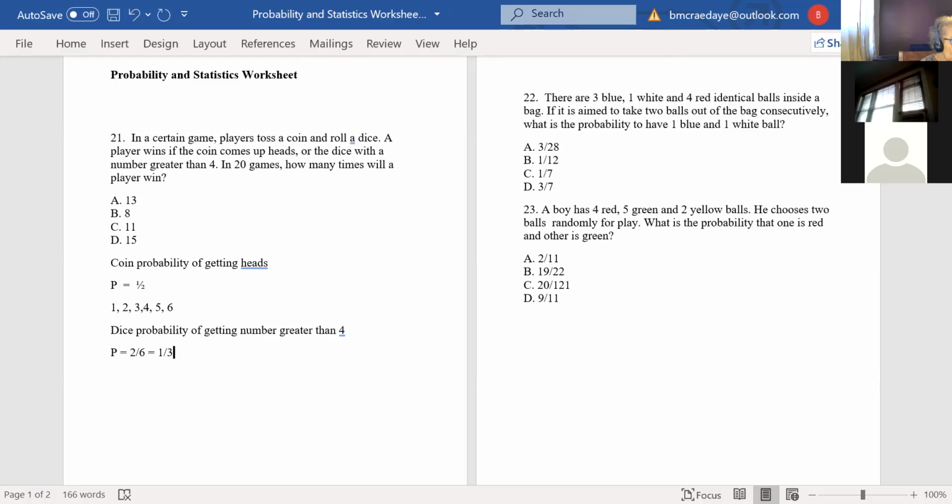Probability equals 2/6, which equals 1/3.